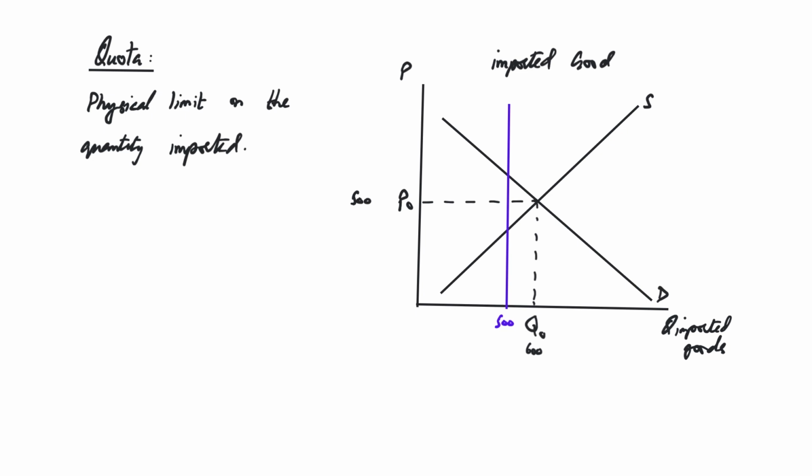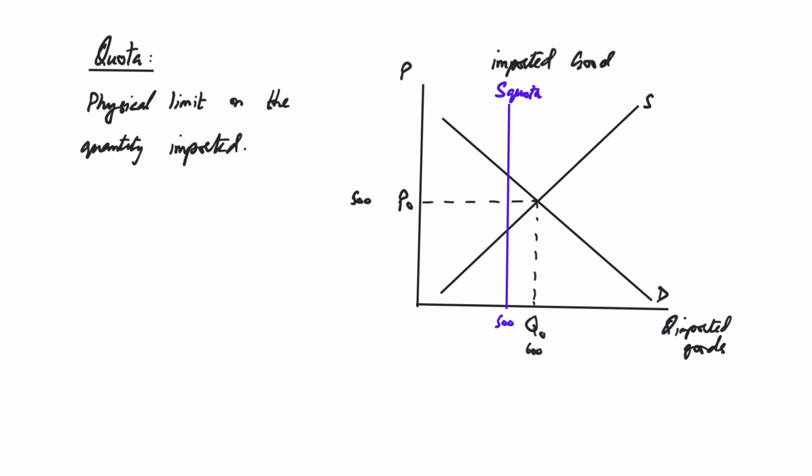So I've made a perfectly inelastic supply curve telling us that quantity cannot exceed the 500 mark. ये हमारा सप्लाई कर्व हो गया विद अ कोटा, इससे आगे आप जा ही नहीं सकते हो.